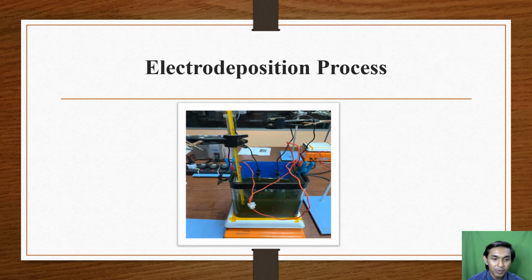So the sample was placed in the sulfate solution by clamping and hanging it using a tripod stand in the lab. Then the temperature of the sulfate solution was maintained within 15 minutes at 55 plus or minus degrees Celsius.